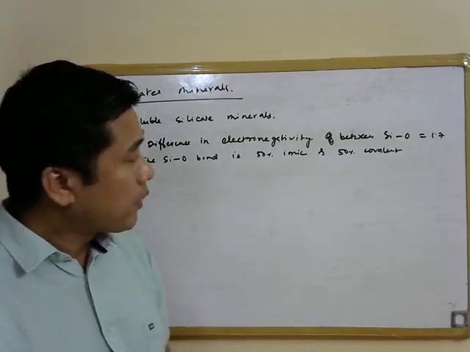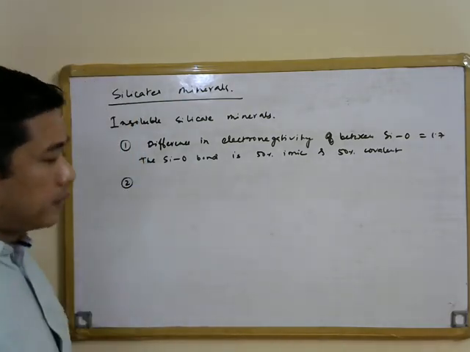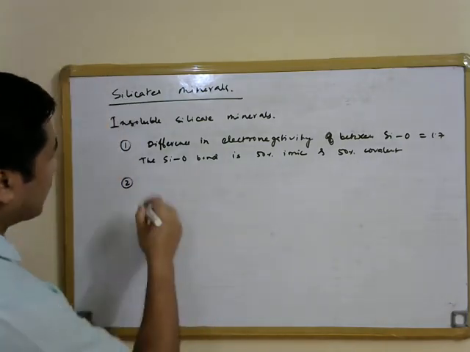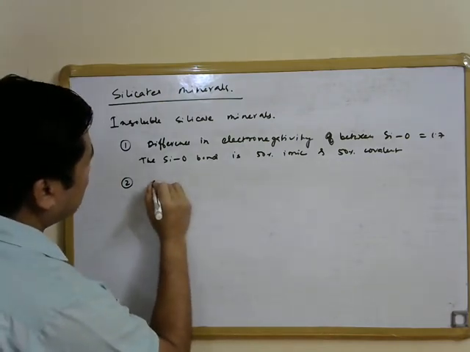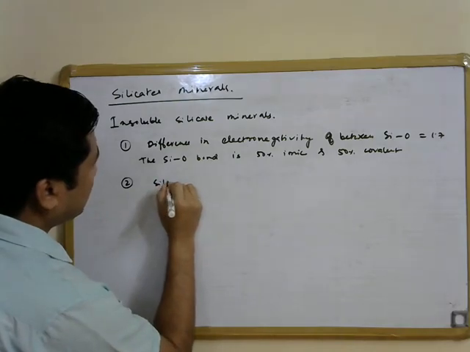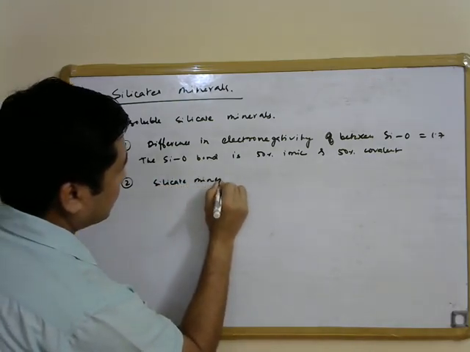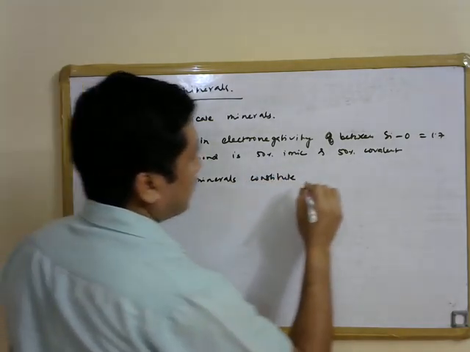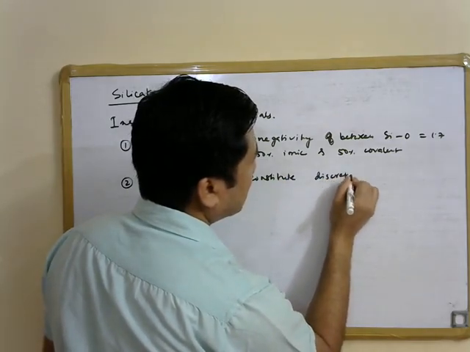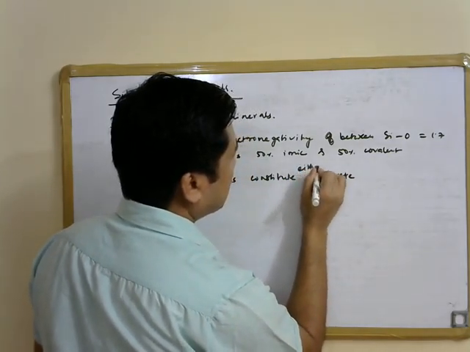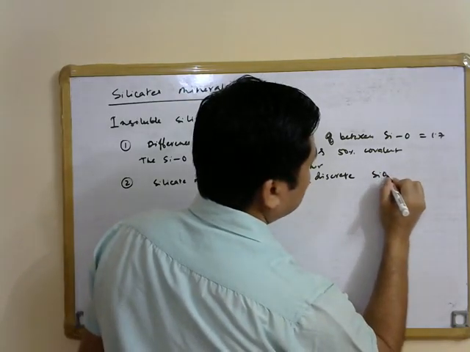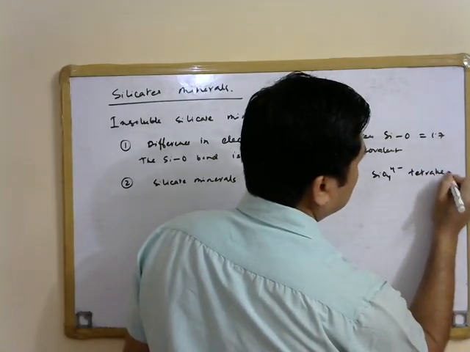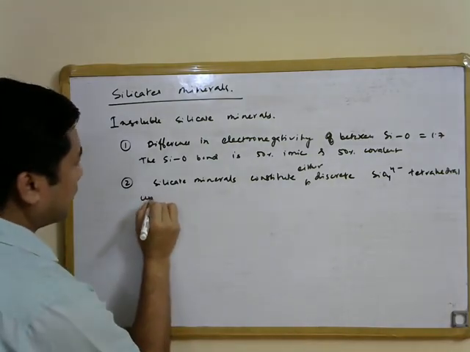If we look at the structure of these silicate minerals, what we will see is that these are constituted of either discrete SiO4 4 negative tetrahedral units.